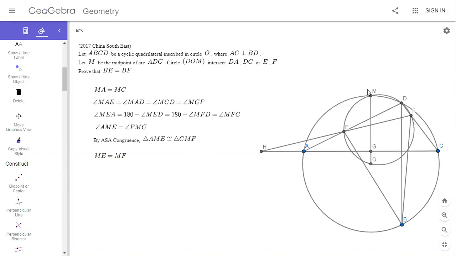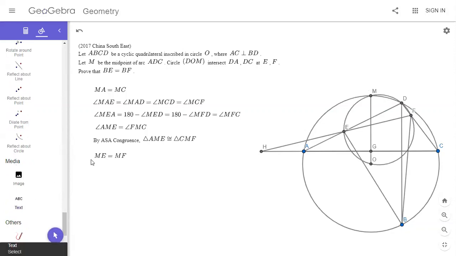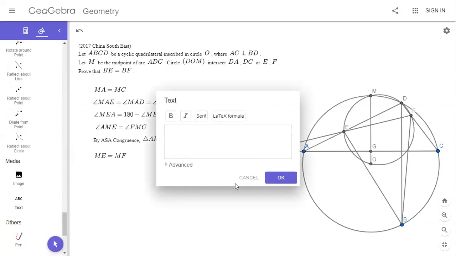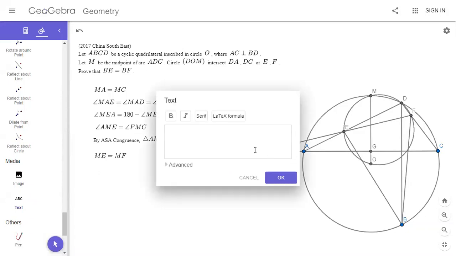And BMO is the same as MBD. This is a little complicated, but we'll just have to remember that H is that point out here.